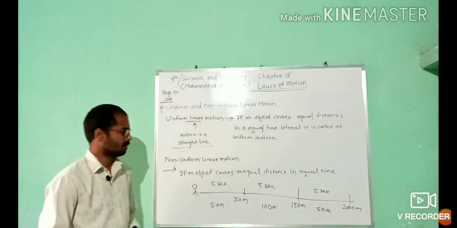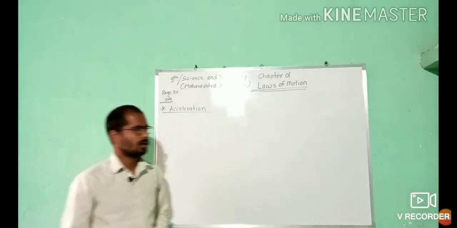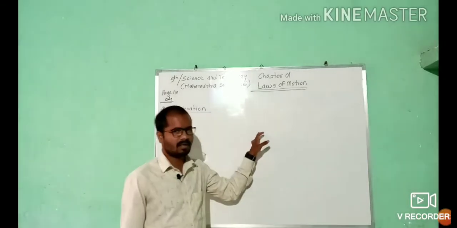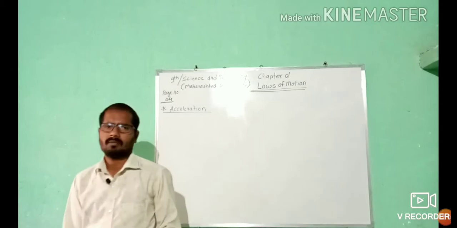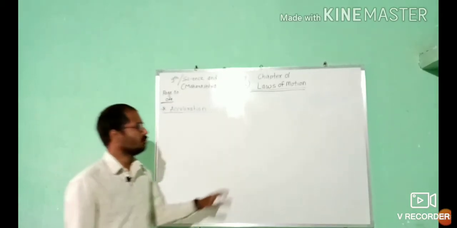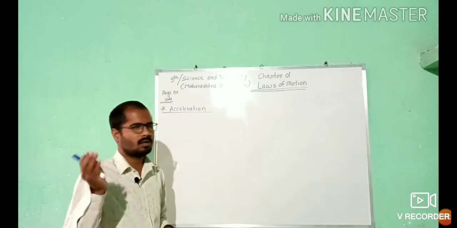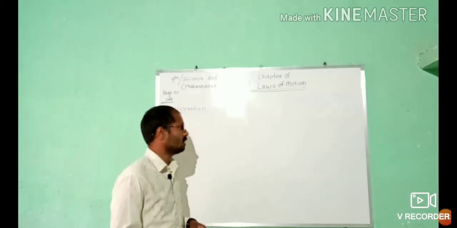Okay, got it? Okay, so now the next term is acceleration. Okay, so in this section, let's try some activity: take one long pipe of 1 meter and cut it into two pieces lengthwise, so you can make two channels of that pipe. Then take one channel of that pipe.